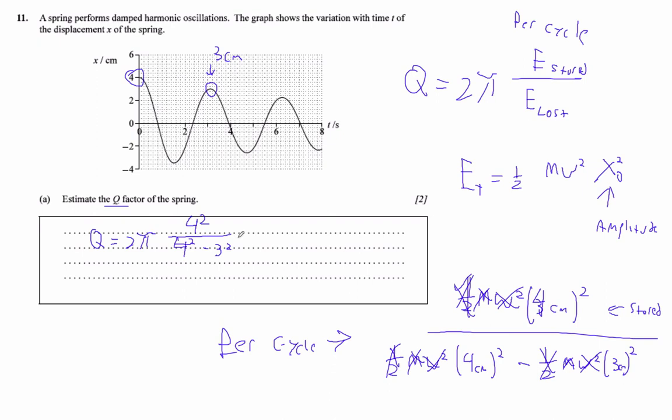So 4 squared divided by 4 squared minus 3 squared, times 2 times pi, you get the answer of 14.36, which is about 14, the correct answer in the mark scheme.